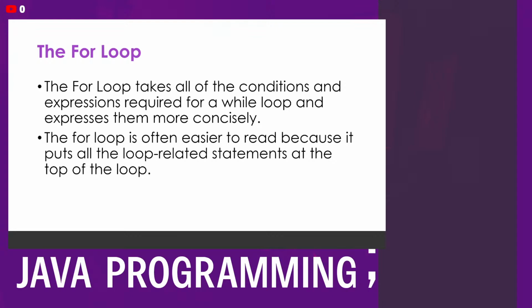In this case, we wanted to simplify the expression for the while loop, and so we came up with the for loop. The for loop takes all of the conditions and expressions required for a while loop and just condenses them down. So the for loop is often easier to read because it puts all of the loop-related statements in one line at the top of the loop.